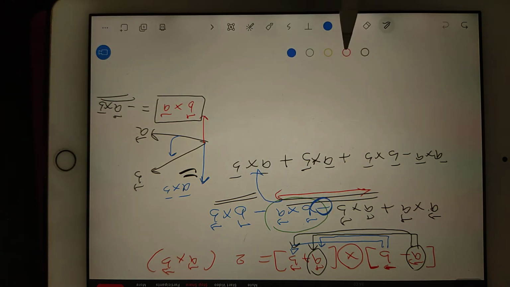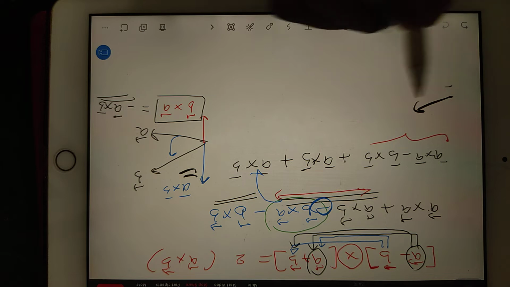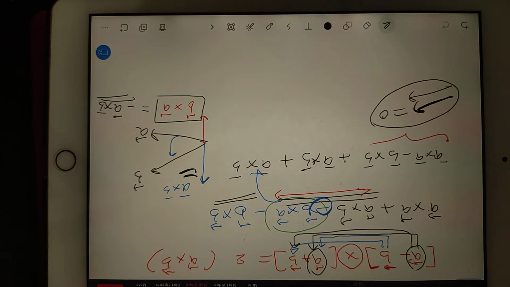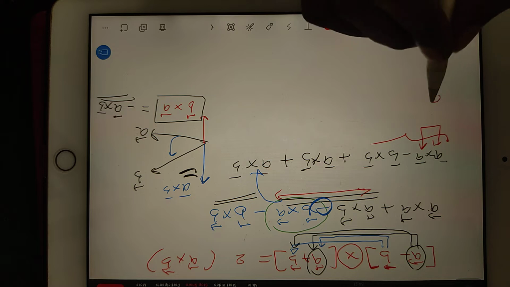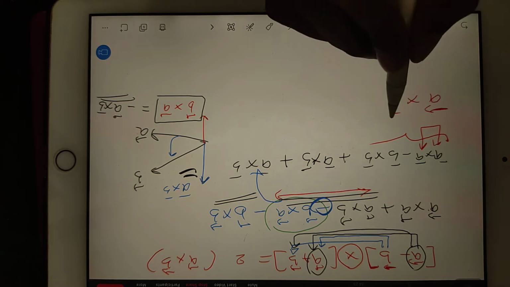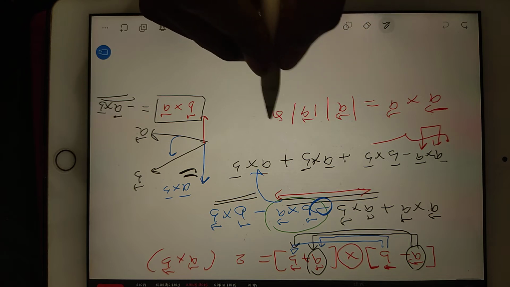Okay, very good. Now see, here and here there is a very popular idea: if the same vector is crossed with the same vector, the answer is always 0. Why is the answer always 0? Because they have no angle between them, they have 0 angle between them. See the idea, a cross a, if you follow this procedure, mod of a, mod of a, and then sine theta.